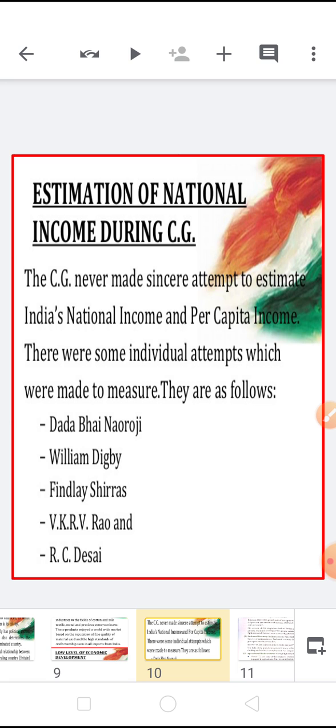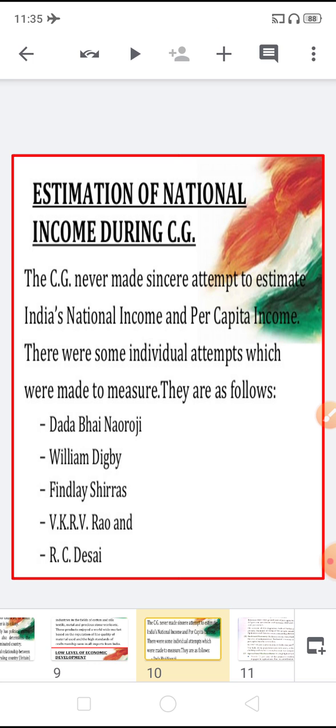Next, we have the estimation of national income. The colonial government never made a sincere attempt to estimate India's national income and per capita income. There were some individual attempts made to measure it.